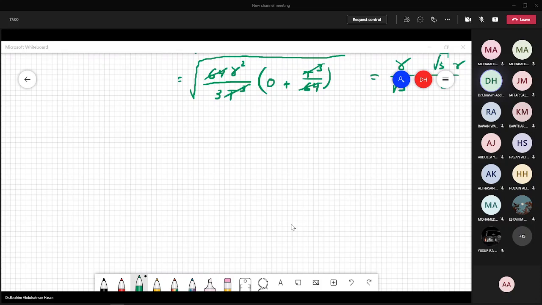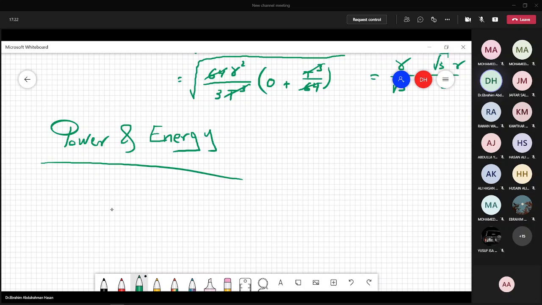Then we took average value, root mean square value, periodicity. Now let us talk about power and energy.